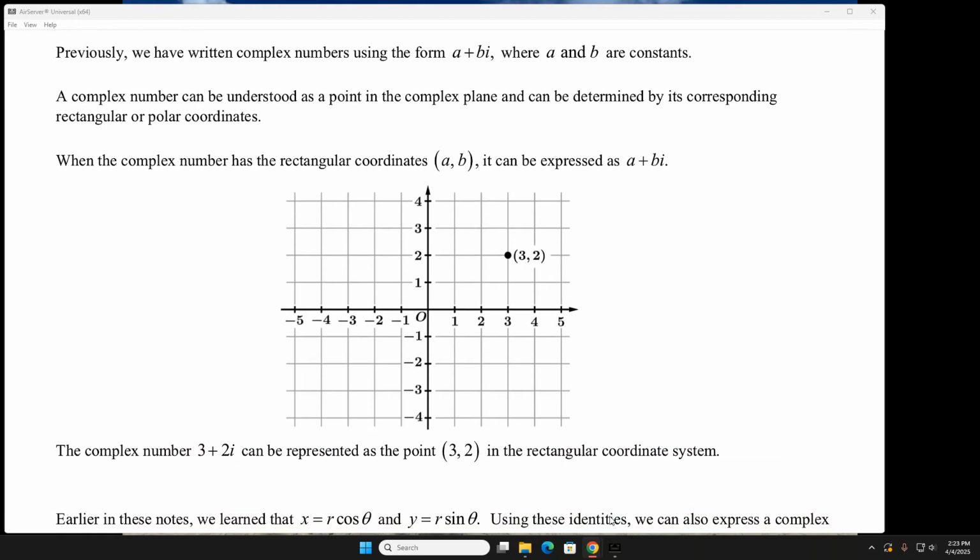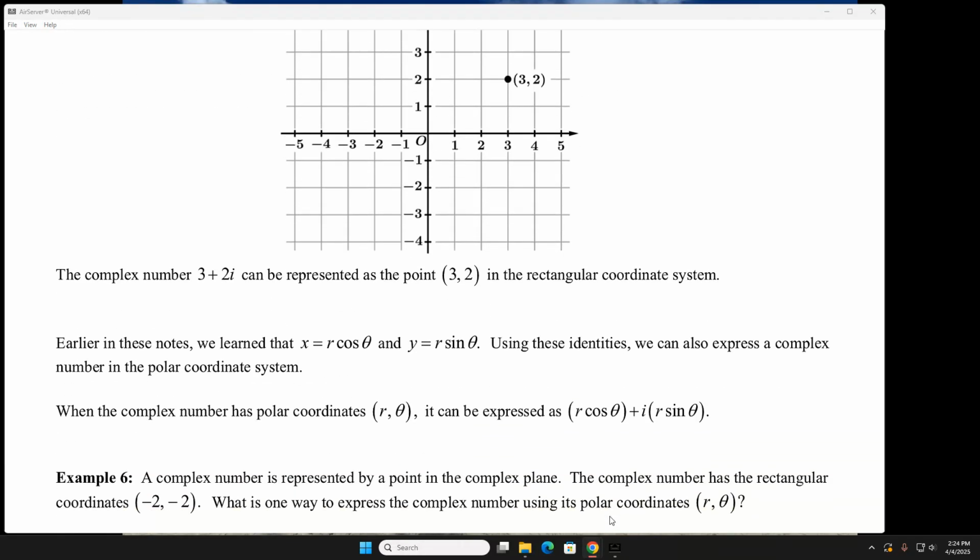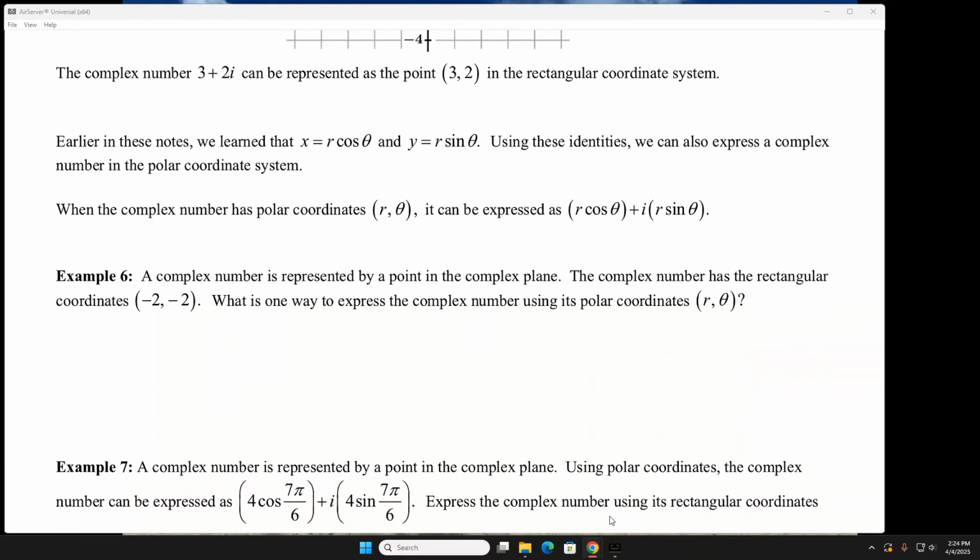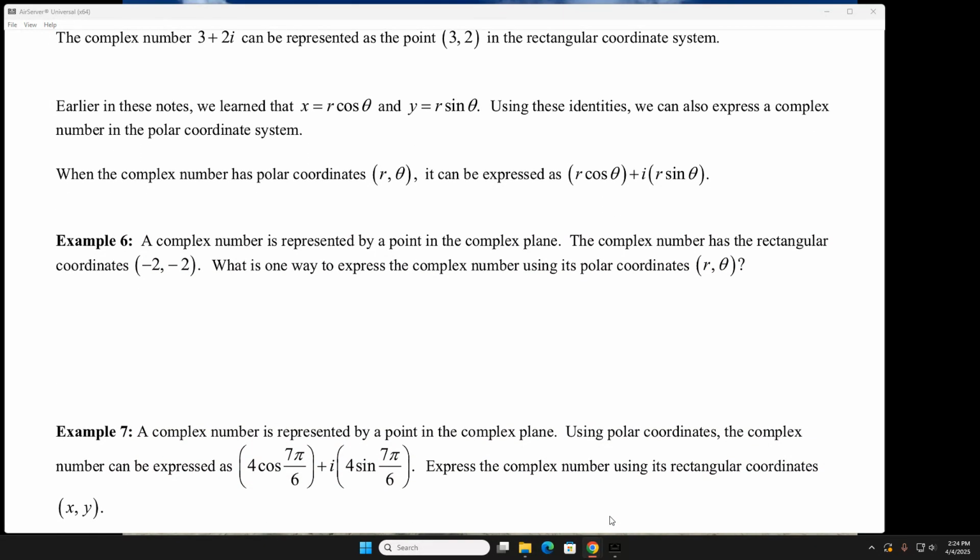So when a complex number has the rectangular coordinates a and b, it can be expressed as a plus bi. So for example, the complex number 3 plus 2i can be represented by the point (3, 2) in the rectangular coordinate system. All right, we are also going to represent it in the polar coordinate system.